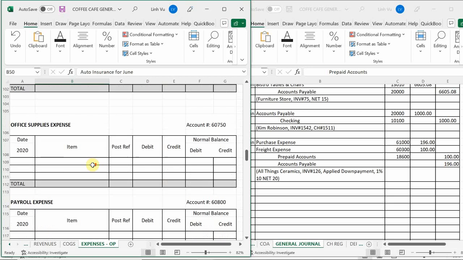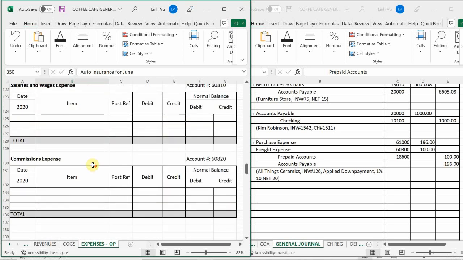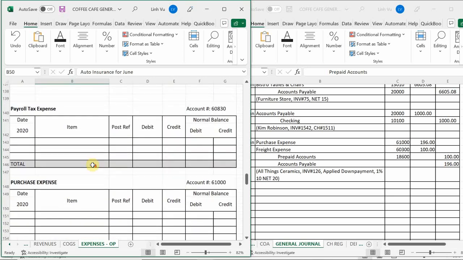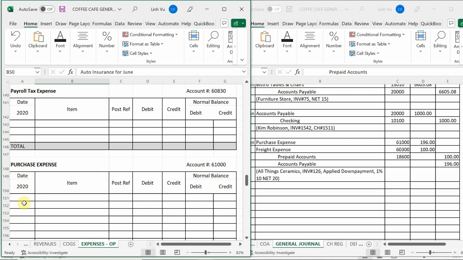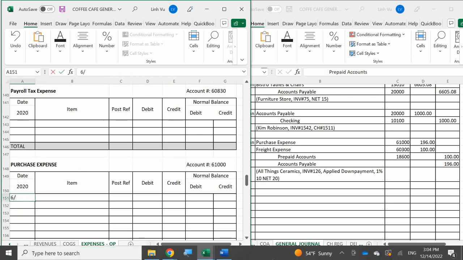Okay, so keep going. Purchase expense right here. It is up to you if you want to identify what you ordered. So in this case, I ordered 80 mugs, right? If you want to put $2.75, that's up to you.